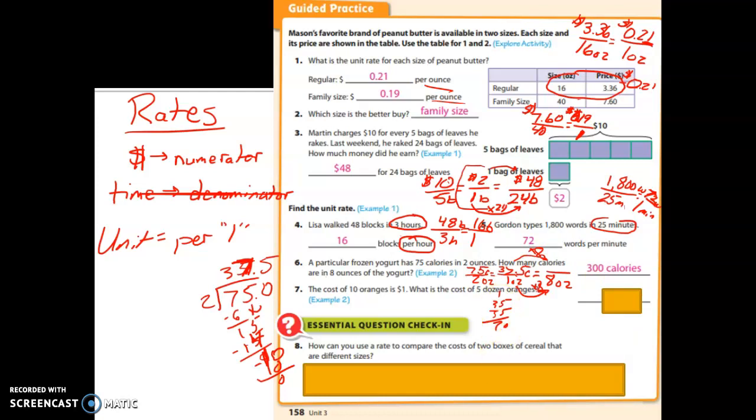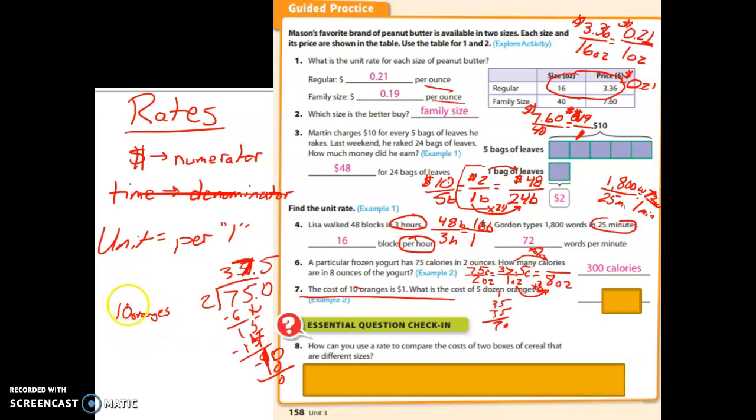I like this one. The cost of 10 oranges is $1. So 10 oranges is $1. Now, always an exception to the rule. Here it is, right? Look what came first. Our oranges came first, and it's for $1.